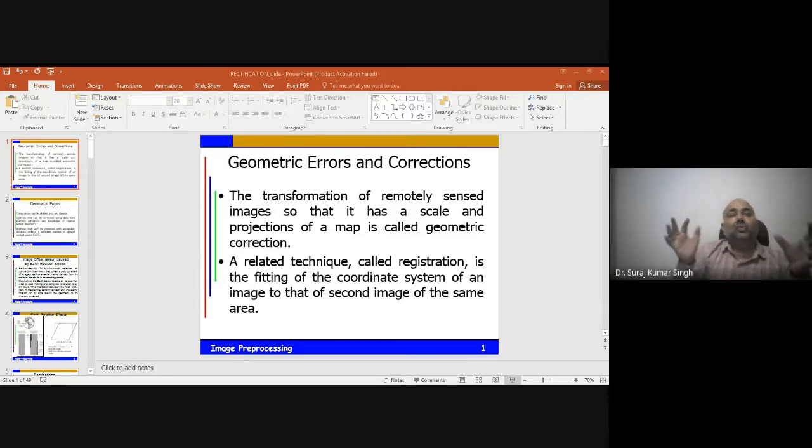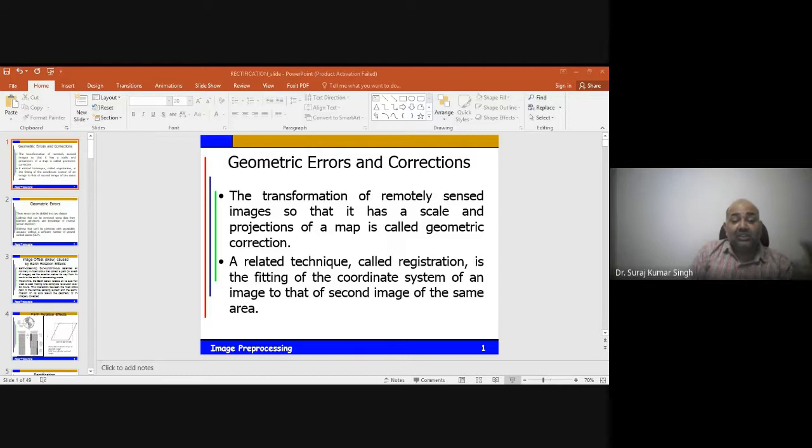So many times what will happen, if we are geo-referencing it, if we are trying to put our input image and fit the output image, maybe the values of both the pixels are not the same, there is some kind of deviation. So what should be the value that has to be entered into the rectified satellite image? Such an operation is known as intensity interpolation.